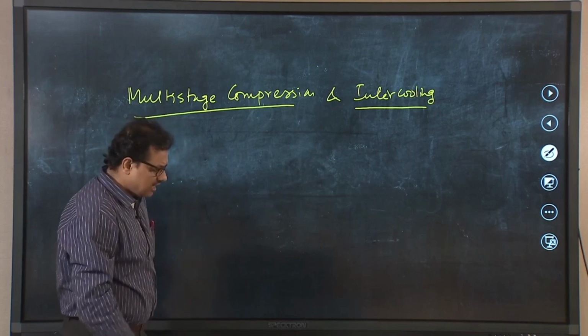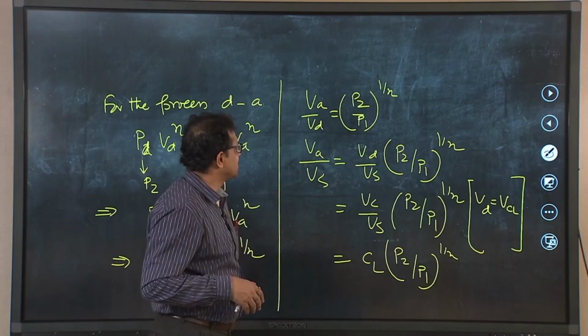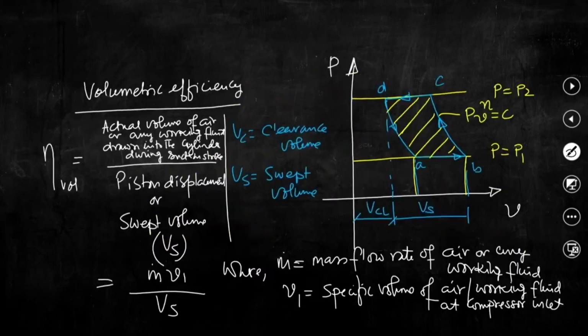So, if we go back to the previous slide, if we need to increase pressure from P1 to P2, then we can understand the pressure ratio Rp that we could define in the last class.